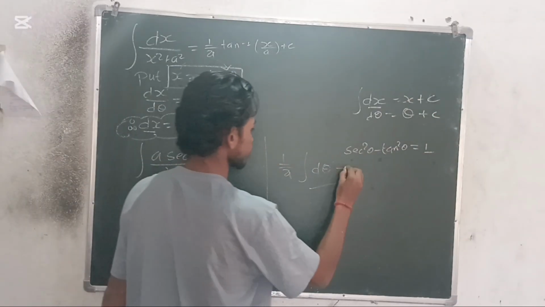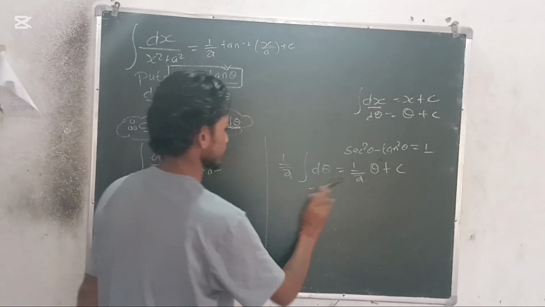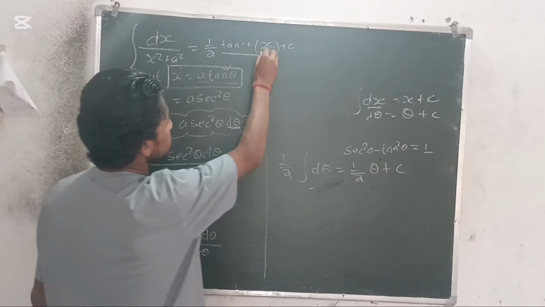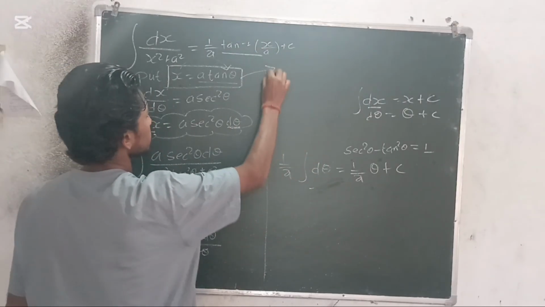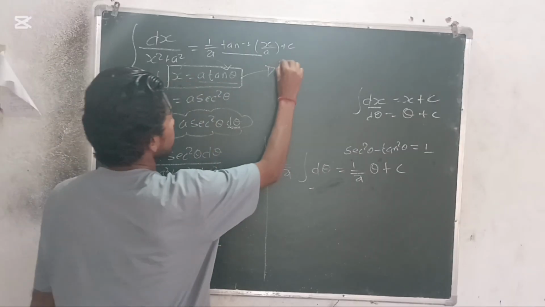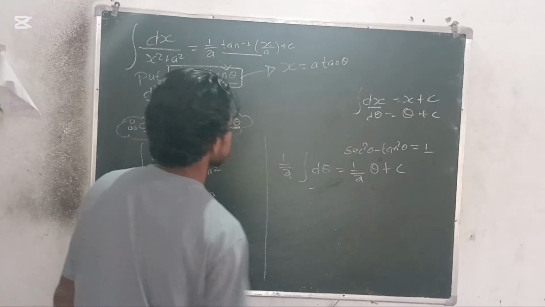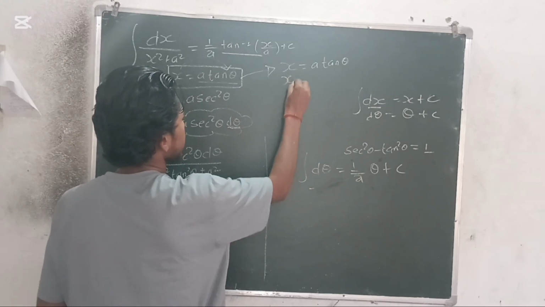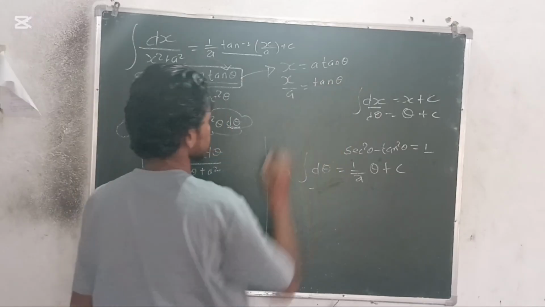So this would be 1 over a, theta plus c. Okay, but I had written my formula in terms of tan. So what am I going to do now? From the relation x is a tan theta, I can write x over a is my tan theta. This makes sense.